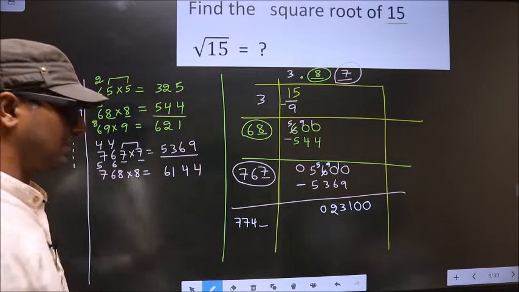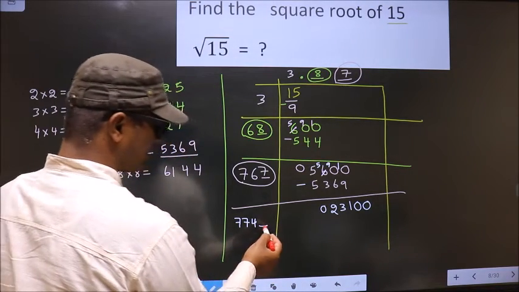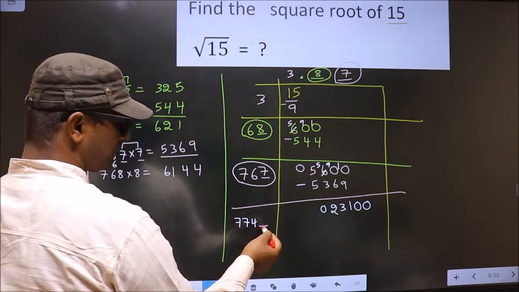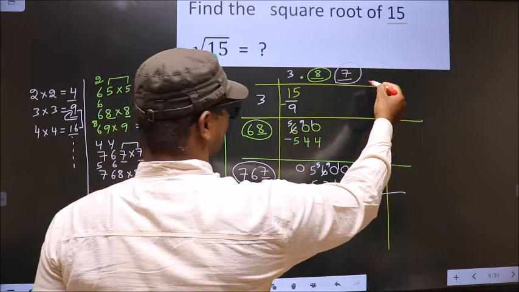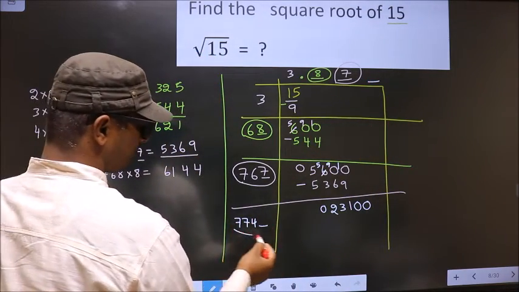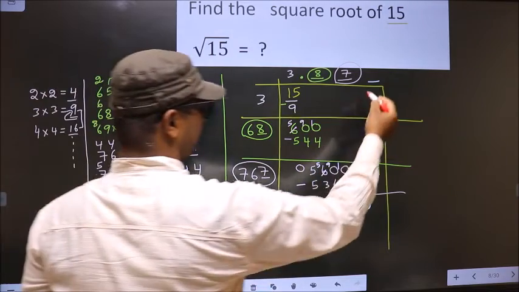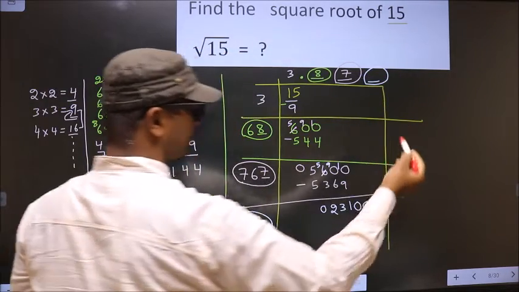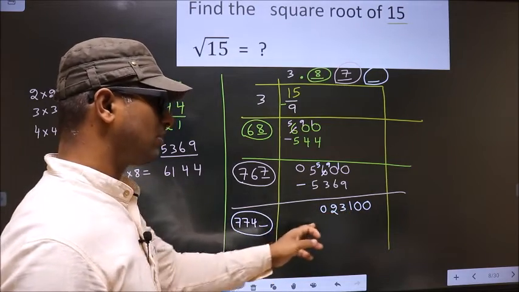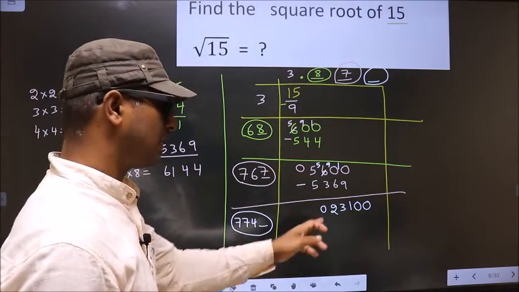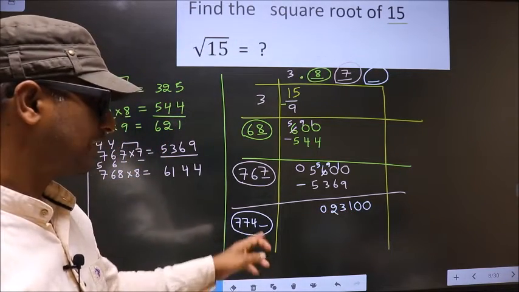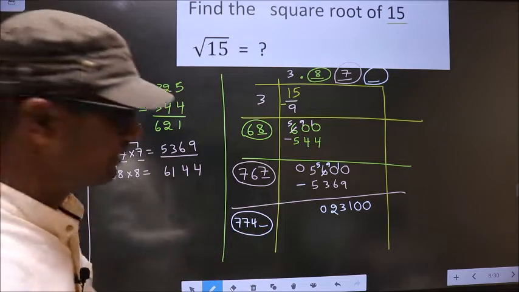Okay. Now here I should write a number. The condition is whatever number I write here, here also I should write the same number. And when you multiply this number and this number, the resulting number should be either equal to this or smaller than this, but not larger than this. So let us find the number here.